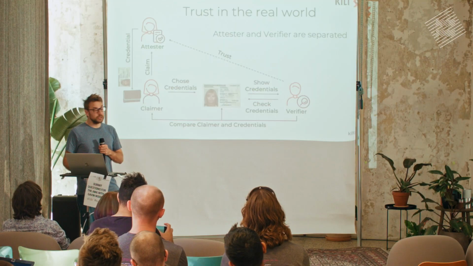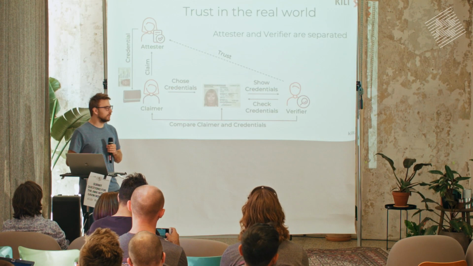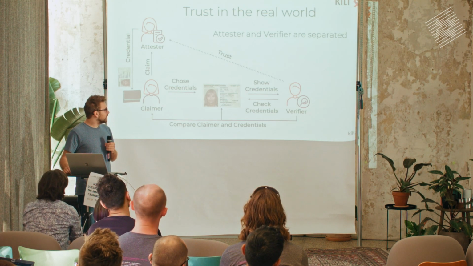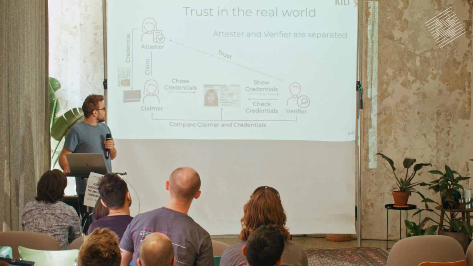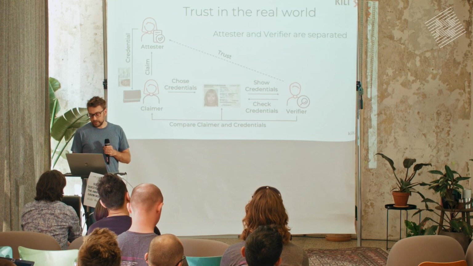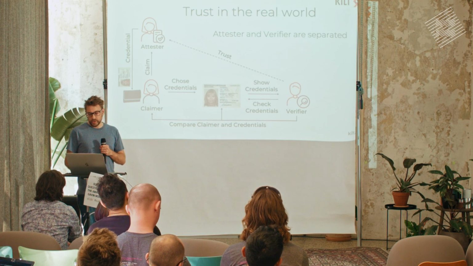You store these credentials in your wallet, and then you can choose when you want to access a service. This service provider will ask you to show a credential. You want to go to a bar, and you have to prove that you're over 18 or over 21, depending on where you are. You choose which credentials you show, and you will be let into the bar.